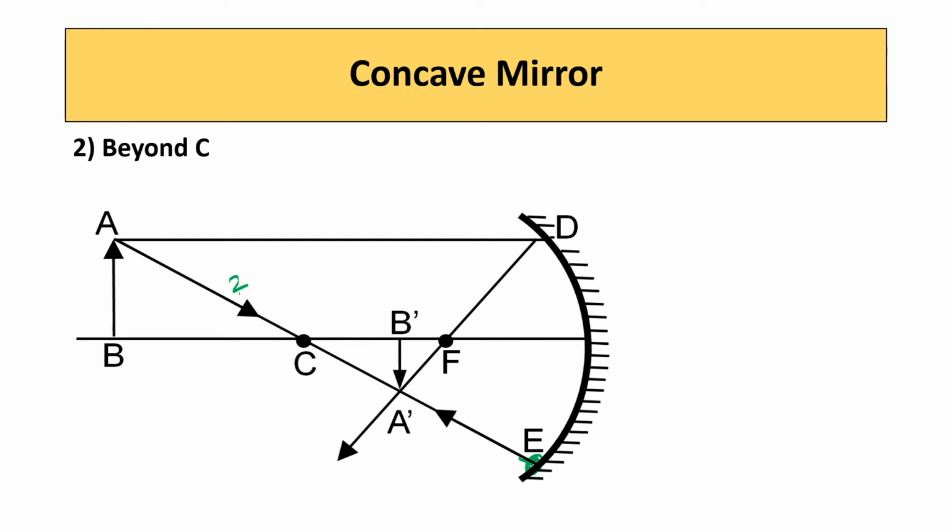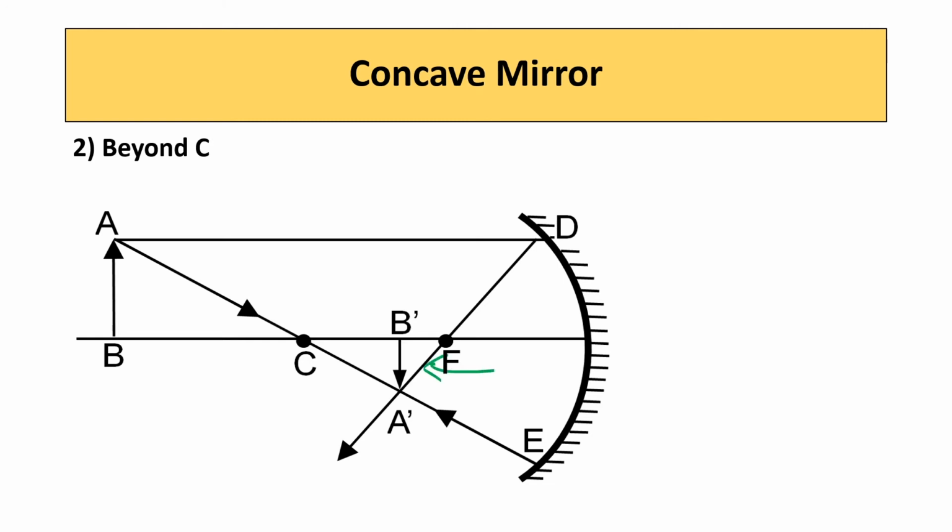If you have 2 incident rays, you will get the image at the point where these 2 reflected rays meet. This is the reflected ray for ray 1 and this is the reflected ray for ray 2.